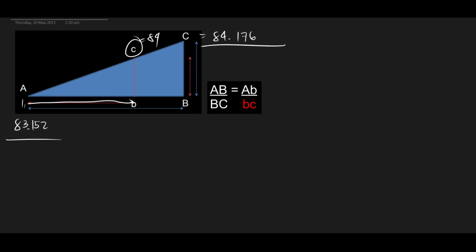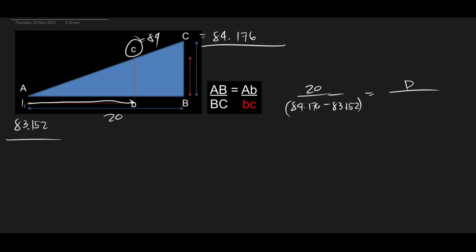So let's write that out. We know that AB, the distance in the ground, is 20. So 20 over 84.176 minus 83.152 is equal to AB, which is what we're looking for.